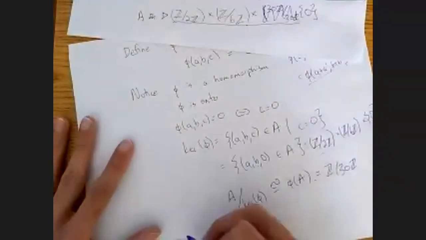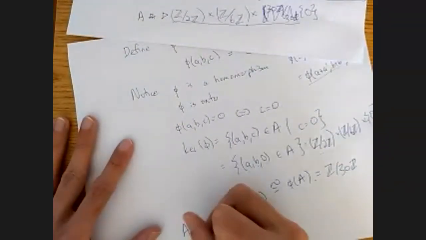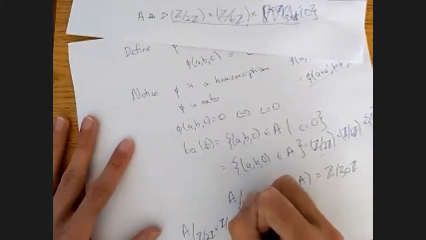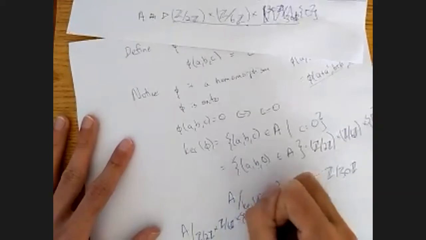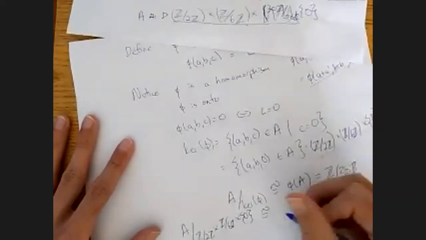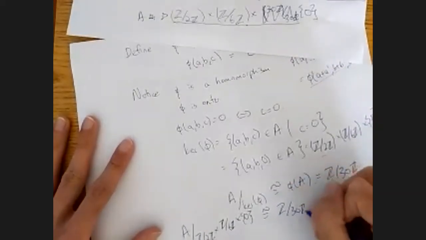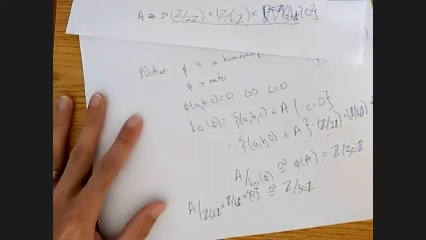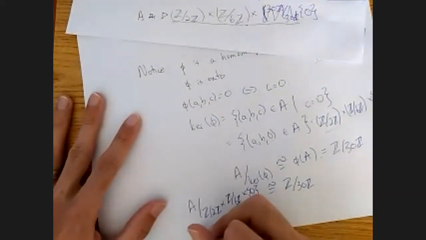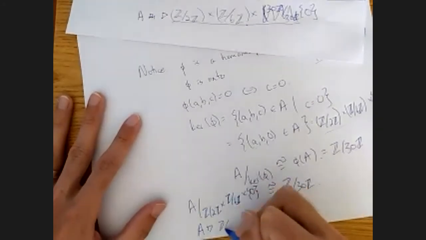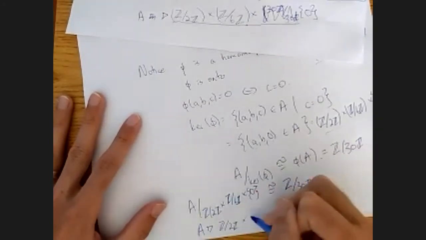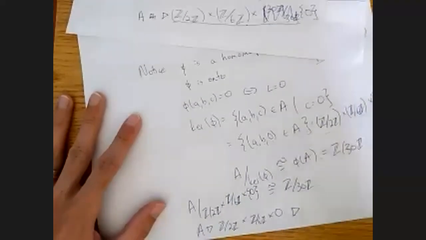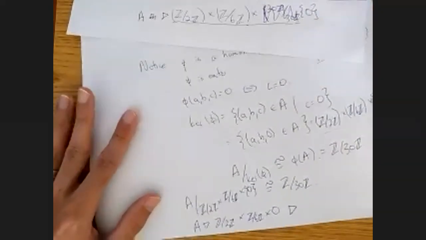So now we know for sure that A mod Z mod 2Z cross Z mod 6Z cross 0 is isomorphic to Z mod 30Z, a cyclic group. So this is our first part of a cyclic series. We have A, then Z mod 2Z cross Z mod 6Z cross 0, normal inside that, giving a cyclic quotient.